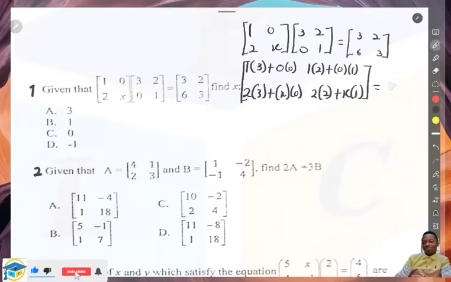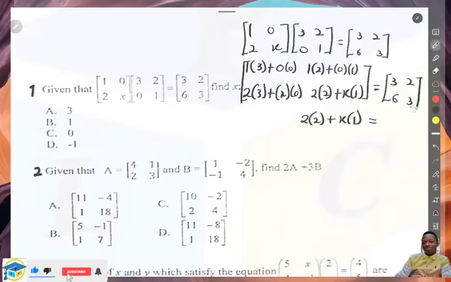And that should be equal to 3, 2, 6, 3. So once you get to this stage, you just compare corresponding entries, right? So we'll compare the entries of x against its corresponding entry in this matrix. Since we are interested in finding x, we'll just take into account 2 multiplying 2 plus x multiplying 1.